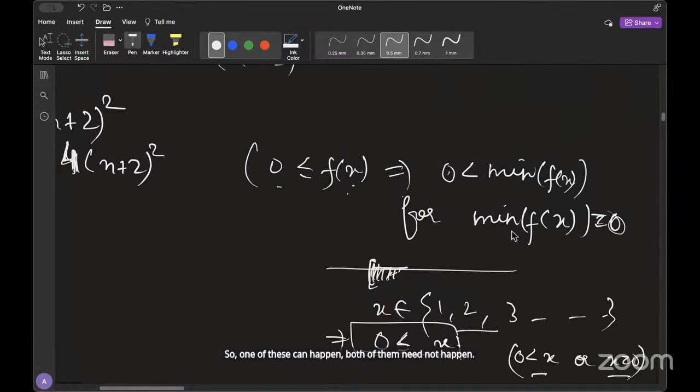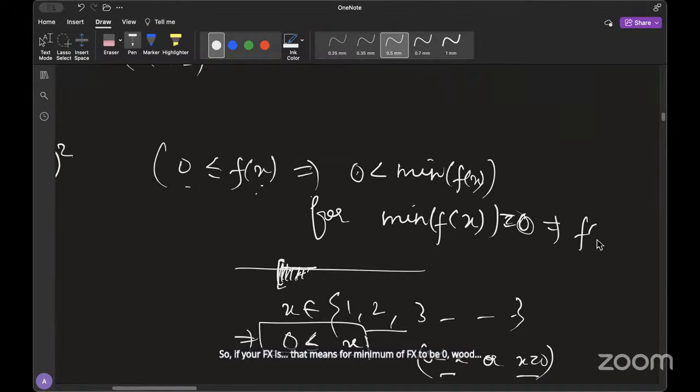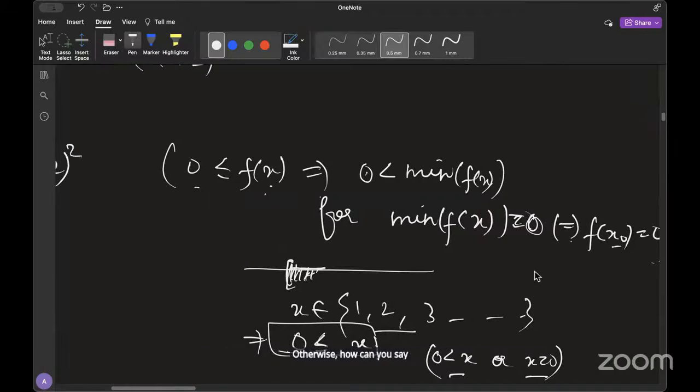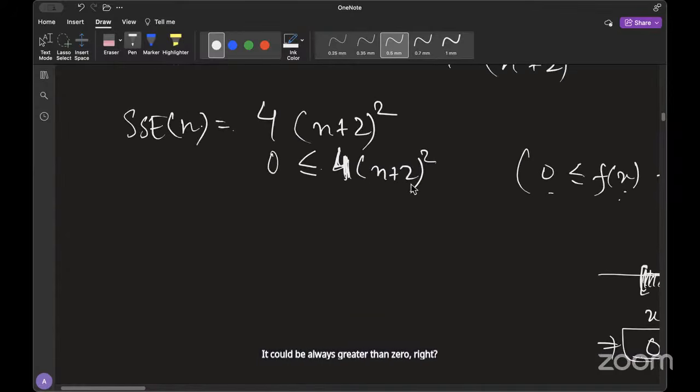So if your f(x) is this, that means for the minimum of f(x) to be 0, you would want some point x naught to exist such that f(x naught) is 0, right? You want one point to attain that value at which the value becomes 0. Then only you can say that the minimum is 0. Otherwise, how can you say that it's 0? It could be always greater than 0, right? So similarly here, it happens because it's a pretty simple function.